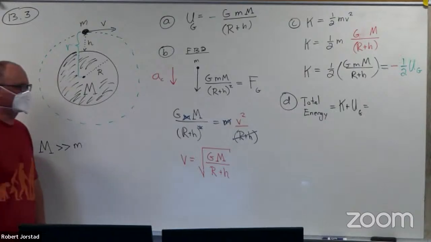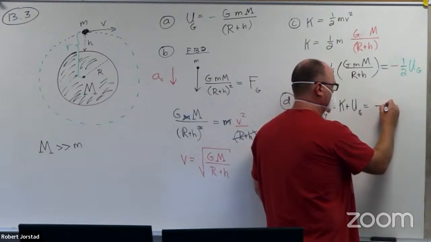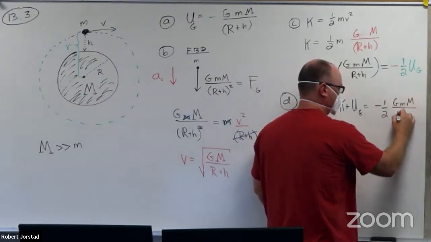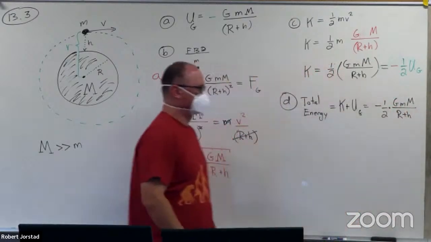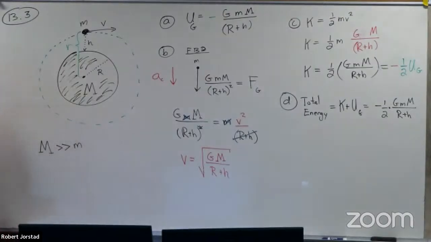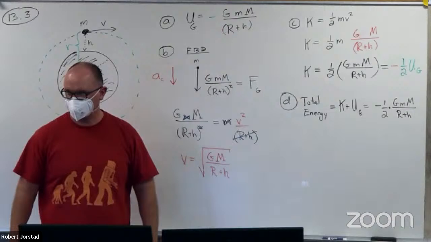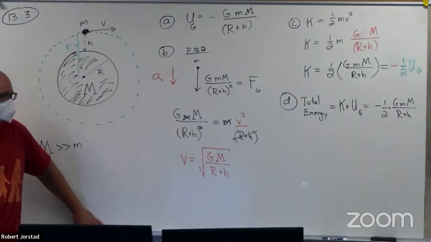Notice it would be negative 1/2 G M m over capital R plus the altitude. Right? Because this is going to take away half of that. Notice the total energy is negative.